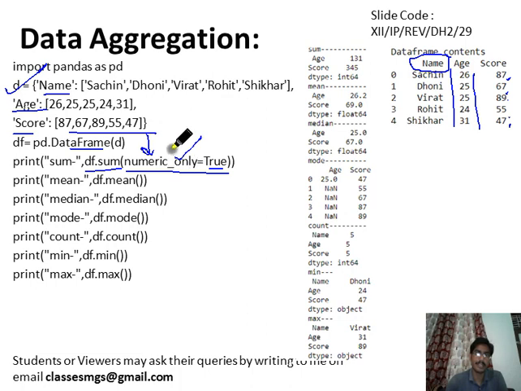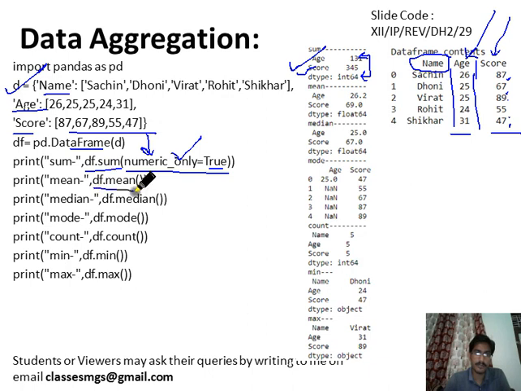If we pass numeric_only equals True, then it will apply the sum method only on the age and score columns, because these columns contain integer values. So df.sum will print the sum of age, like 131, and the sum of score, like 345. So it is printing the age and score column sums in the output.